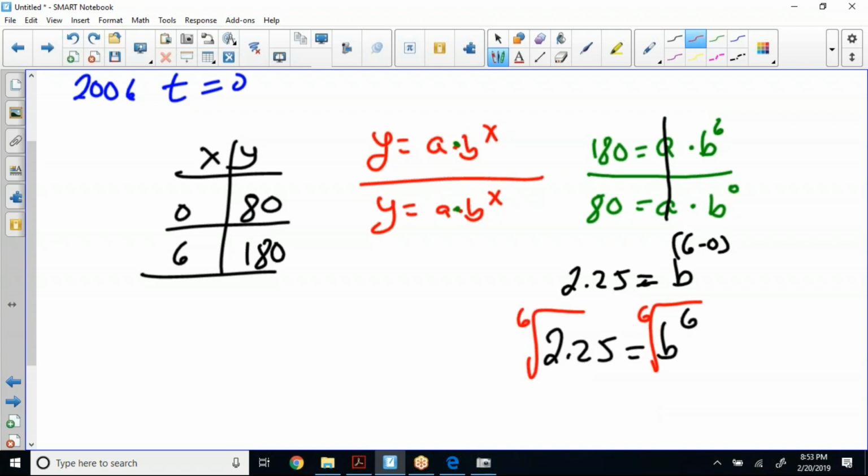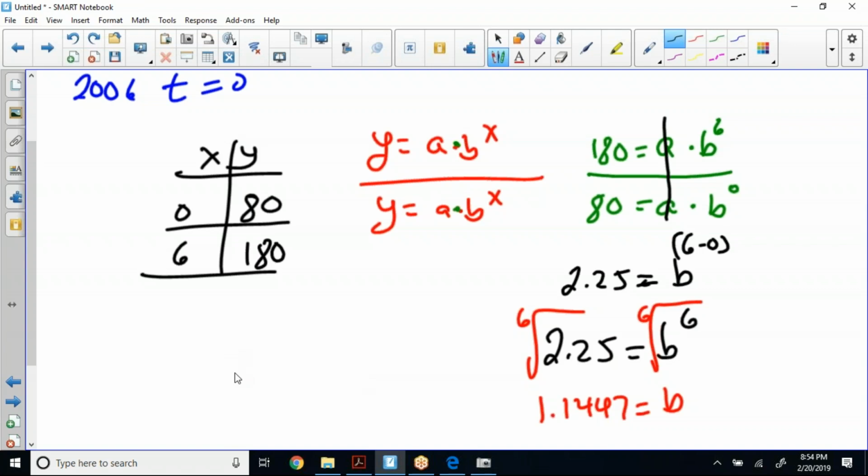So I'm going to take the 6th root of my 2.25, and that's going to give me a base. 1.1447 is my base. Okay.